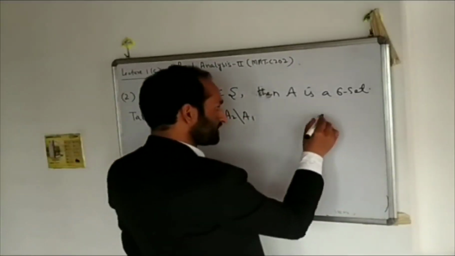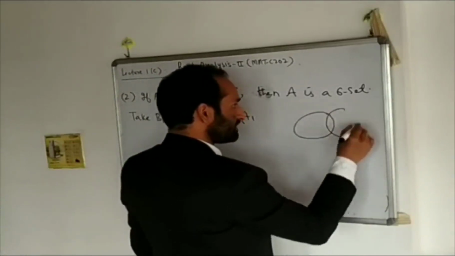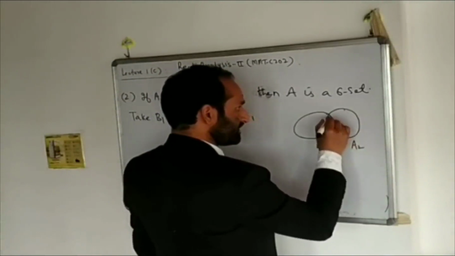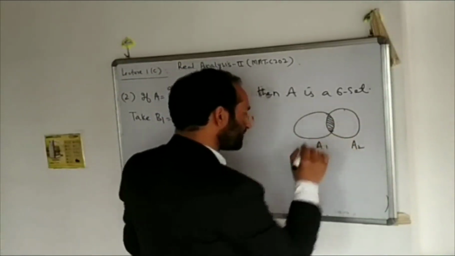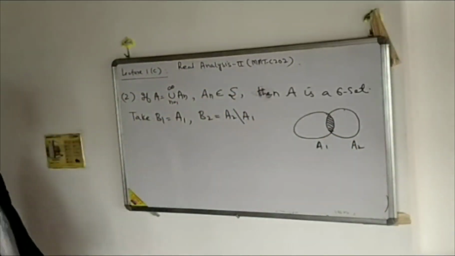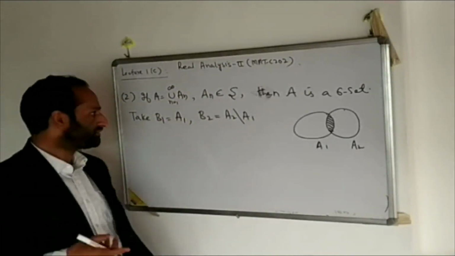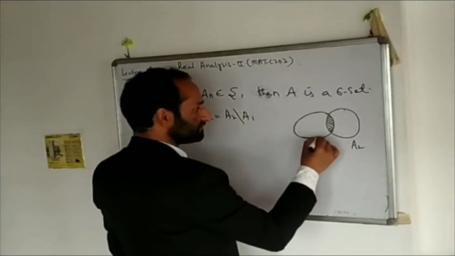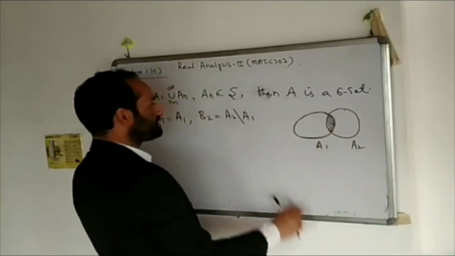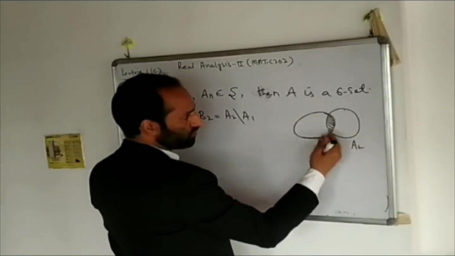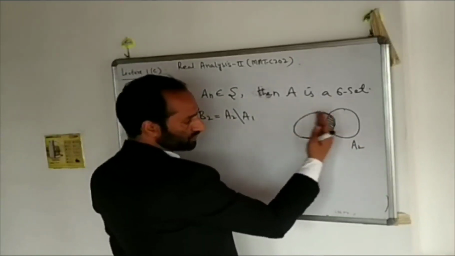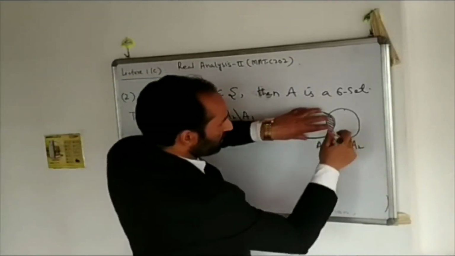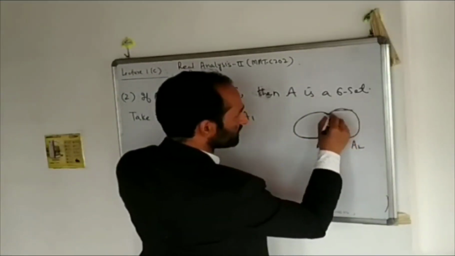The situation is like this: suppose this is set A1, this is set A2, and that is the intersection portion. So they are not disjoint in general, but B1 and B2 are disjoint. B1 is the whole of A1 and B2 is A2 minus A1. We have to remove the portion of A1 from A2, so B2 is this portion.